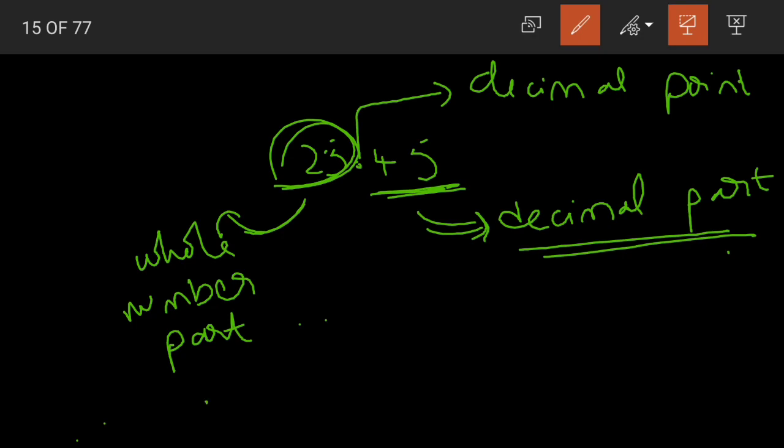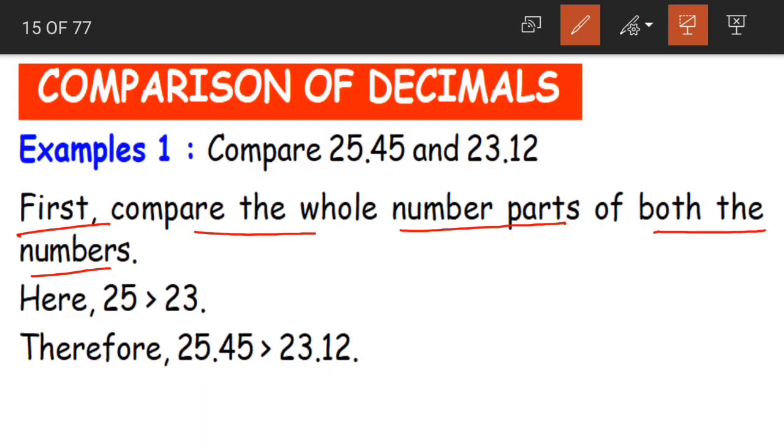Now when we are comparing two decimals, what should we do? We should first compare the whole number parts. That means the numbers written to the left of the decimal point. Here 25.45 and 23.12 are the decimal numbers. What are the whole number parts? 25 and 23.